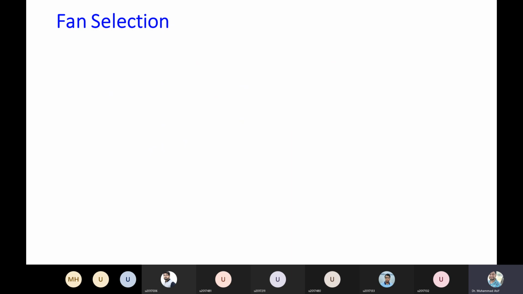How to select a fan? I mean the fan selection. What do you think, how can we do the fan selection? Let's say I gave you an assignment in the previous class. Let me ask how you will select your fan for that particular application.